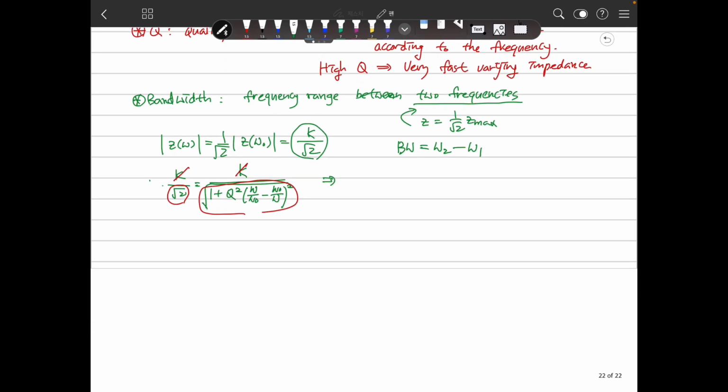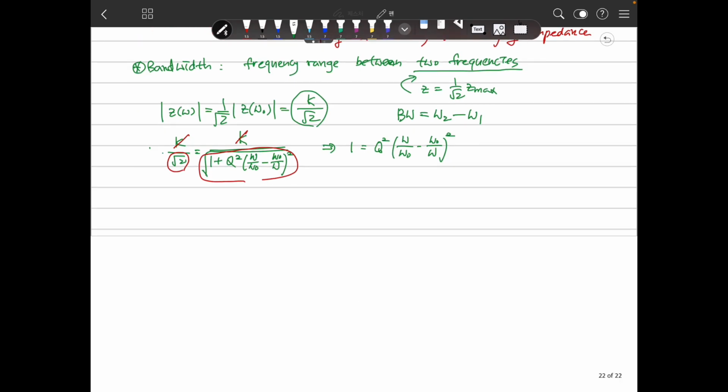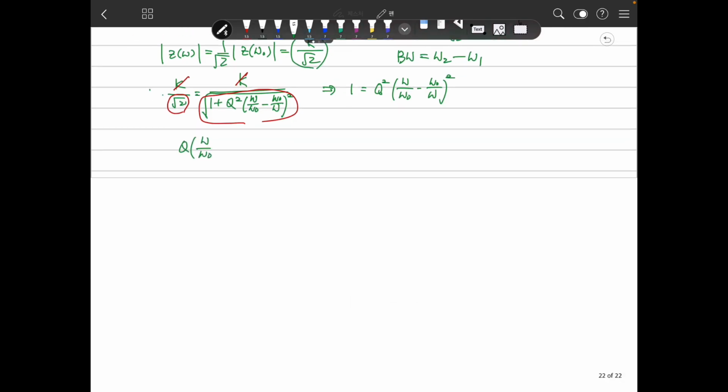So 1 is Q square times (omega over omega 0 minus omega 0 over omega) square. So there will be the values from here, omega square.